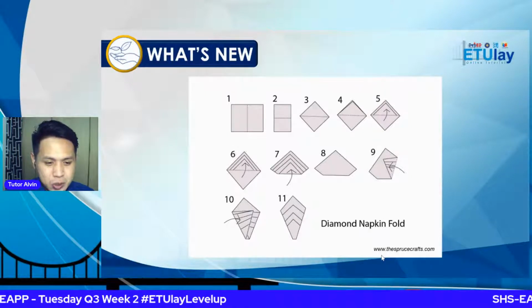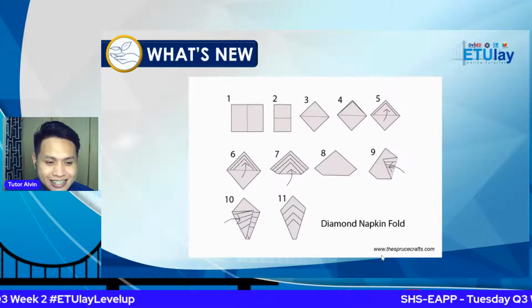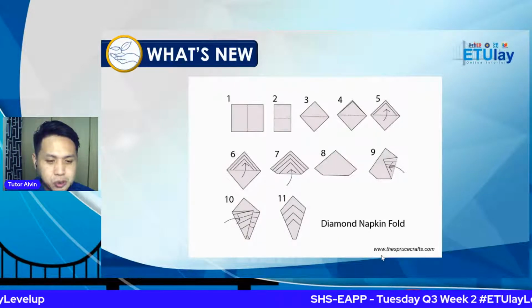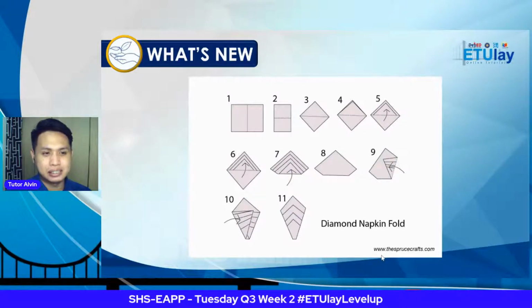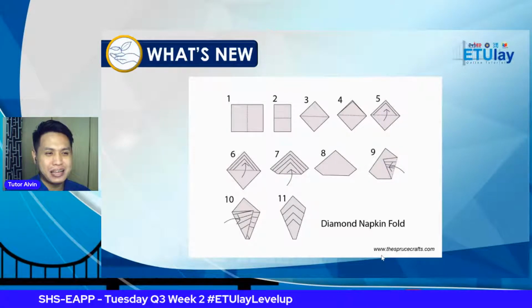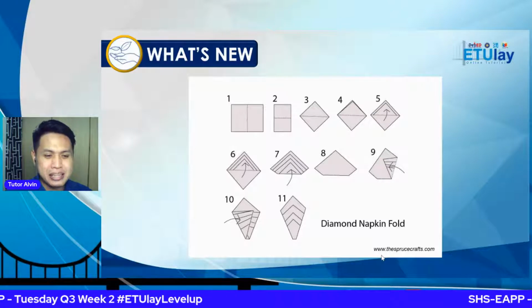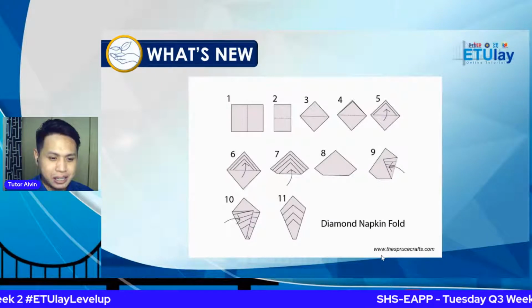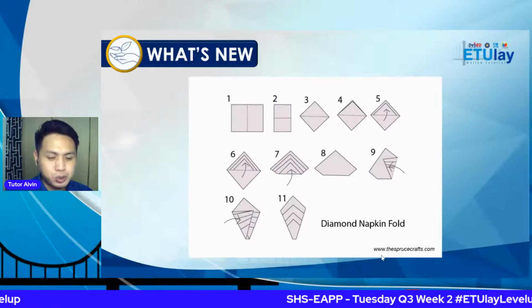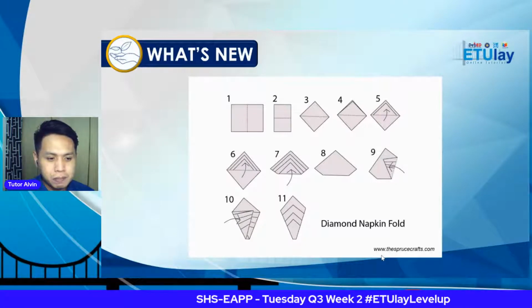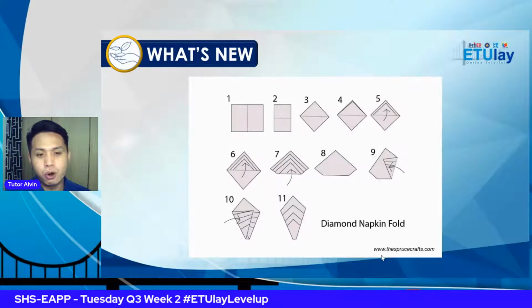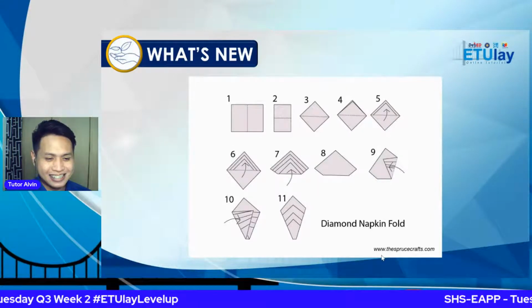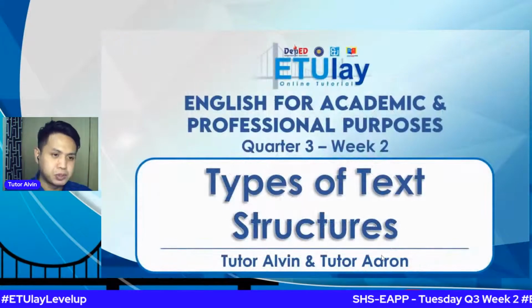It shows the steps on how to create a diamond napkin fold. The steps, the sequence, the method in napkin folding. The step-by-step procedure, says Princess Nicole Bonifacio. The steps. Very good, you are all correct. So these are steps.